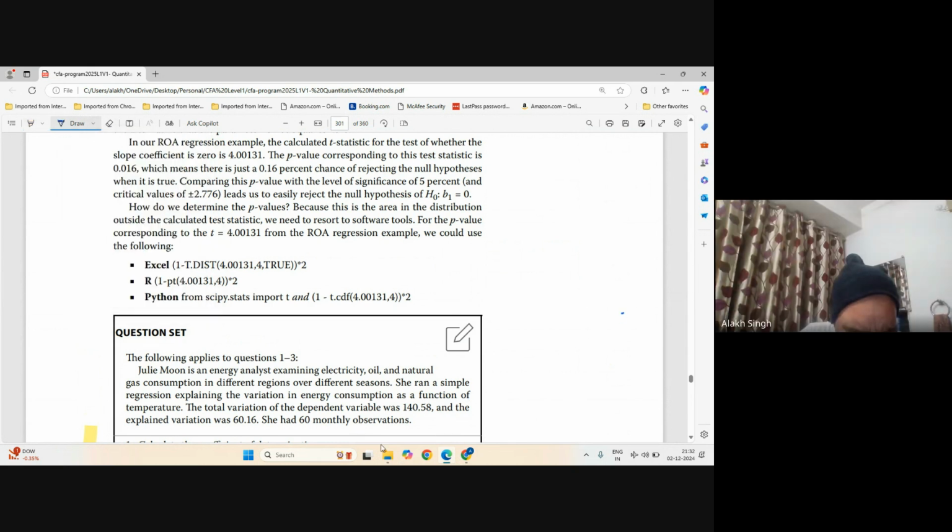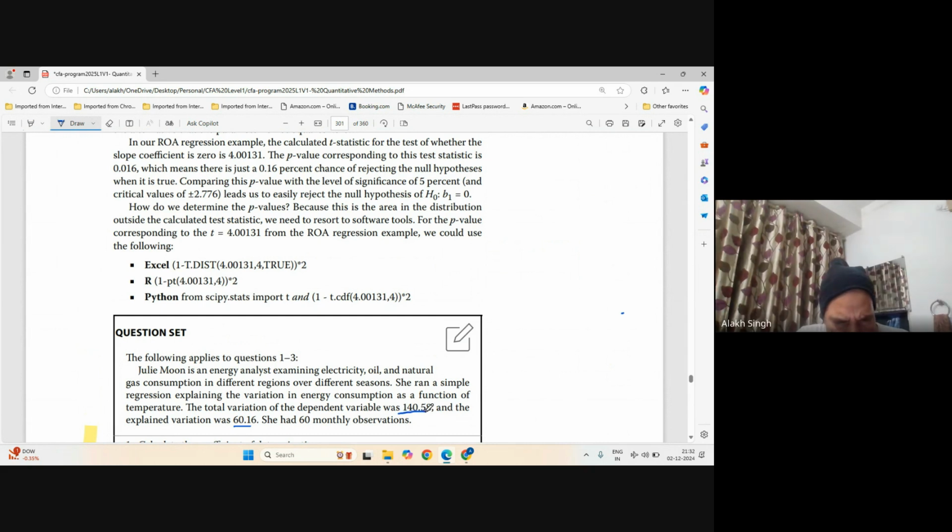She had 60 monthly observations. So explained variation is SSR, and total variation is SST. How many N minus 1 degrees of freedom? So 59. And for SSR the degrees of freedom is only 1, because we have only one independent variable.